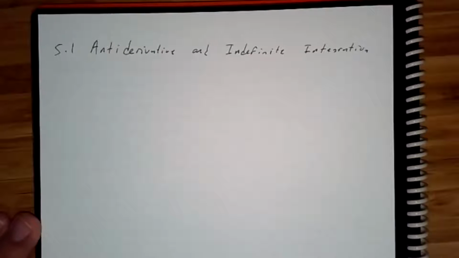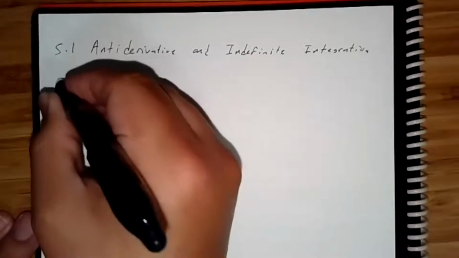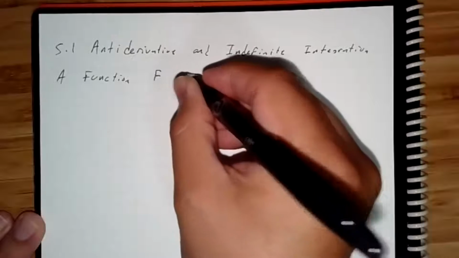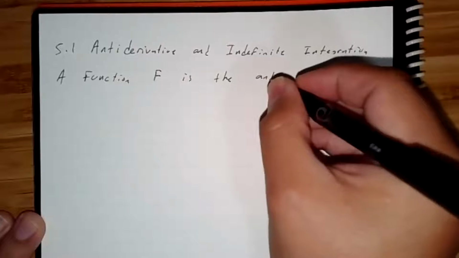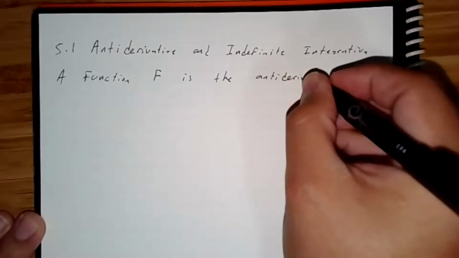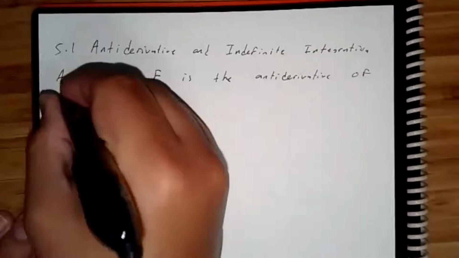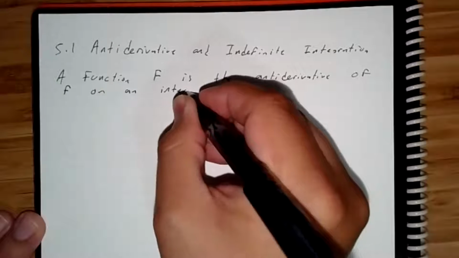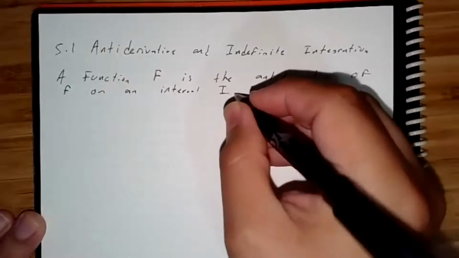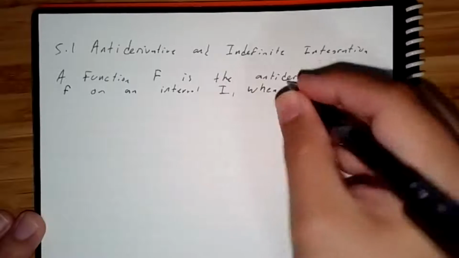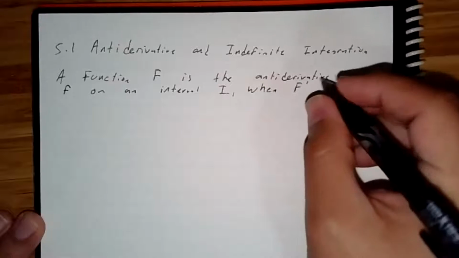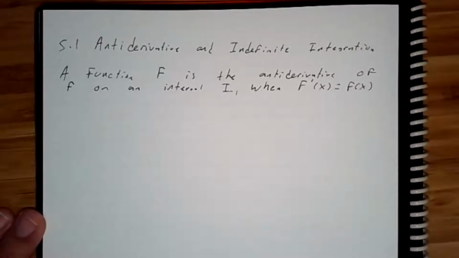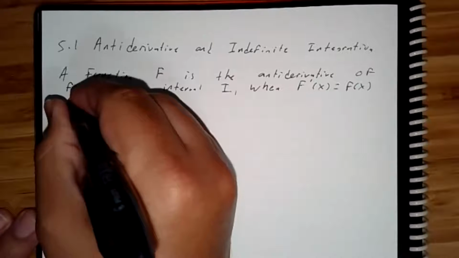So here's a formal definition. A function capital F is the antiderivative of lowercase f on an interval capital I when capital F prime of x is equal to lowercase f of x for all x.